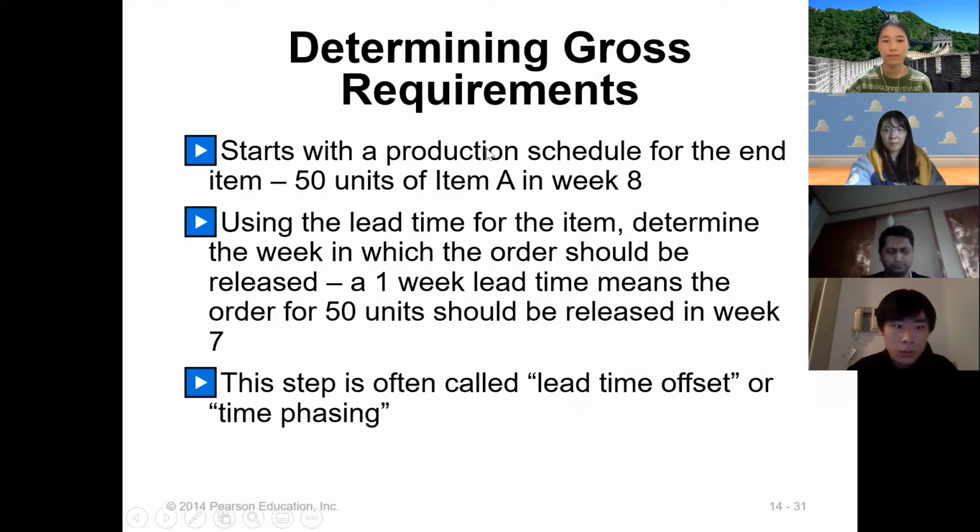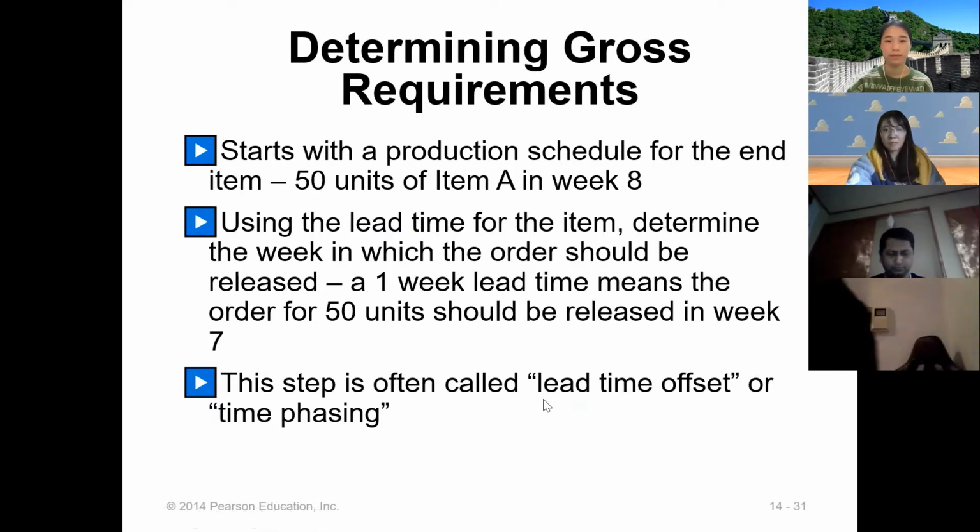I've already told you about determining gross requirements, and you have already done it. So we start with the end item, then we work backwards. This step is lead time offset. What do we mean by lead time offset?